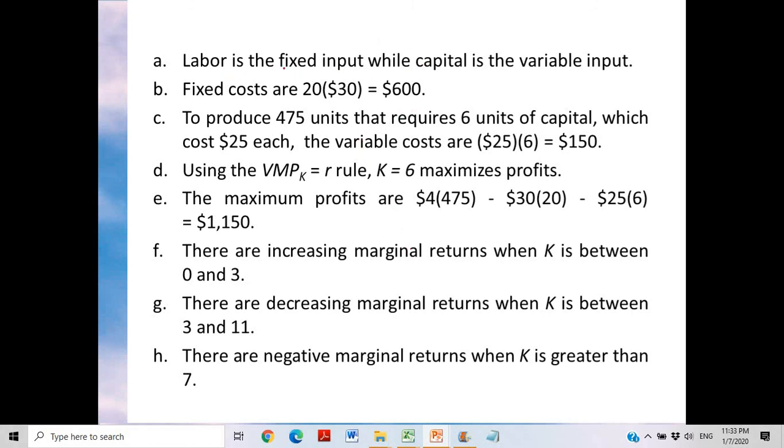You must understand why labor is fixed, why the variable is capital, and the fixed cost here is the labor just now. We get this from the information, because the contract is 20 hours and the wage is $30 per hour, so this is our fixed cost.